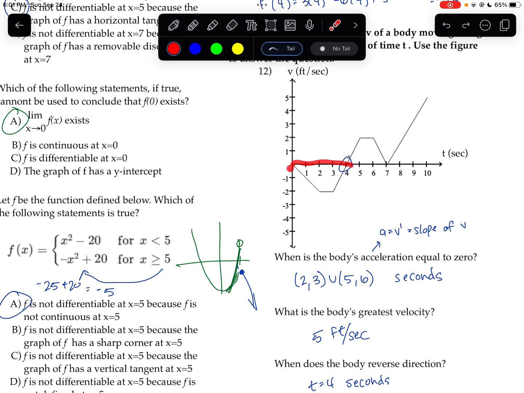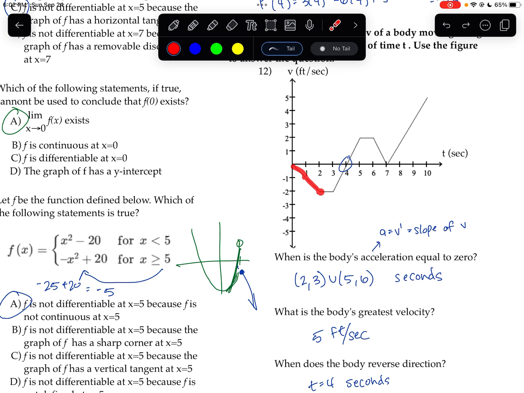So the body is moving backwards here, or maybe you can just call it moving in the negative direction. Okay, so this is also speeding up right here, because the speed is gaining. So here, you can say the velocity is -1 feet per second, then -2 feet per second. Well, the speed is the absolute value of velocity, so it's going 1 foot per second, then 2 feet per second.